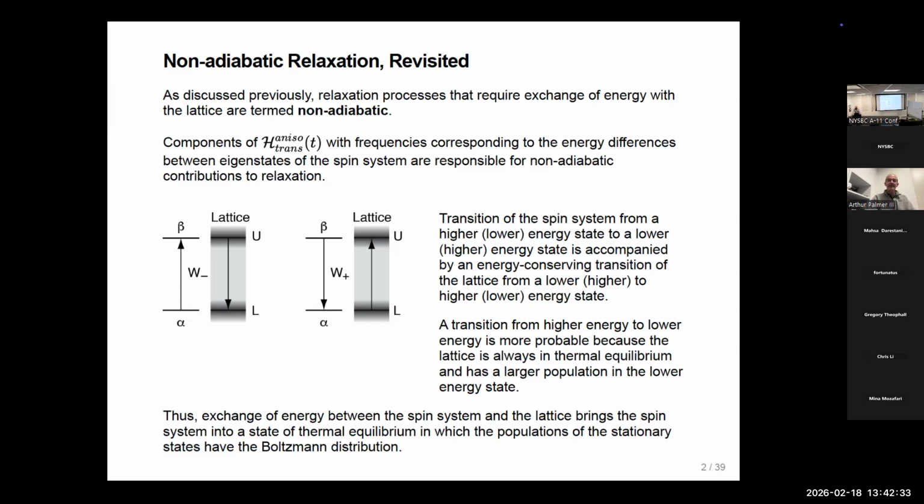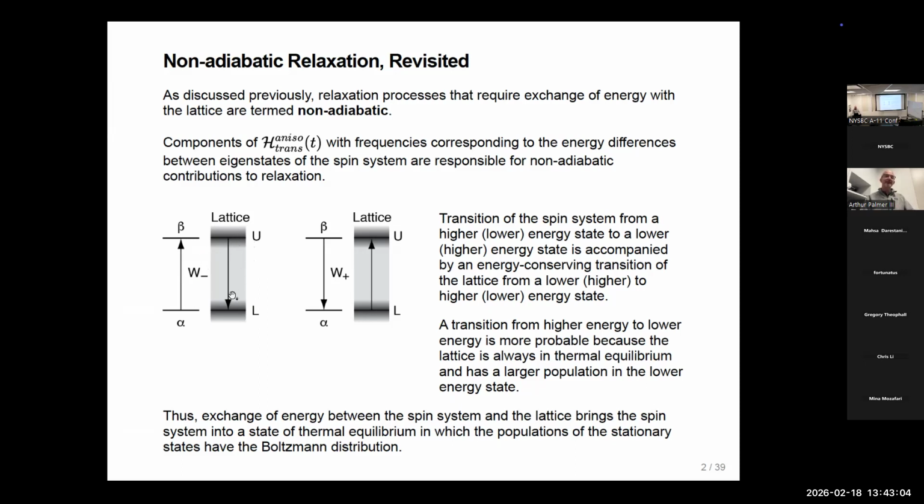Now, I'm just going to write that we have some rate at which the spins flip from alpha to beta, that I'm calling W minus because we're going from alpha to beta. And that means that somewhere in the lattice, there must be a matching transition going down from some upper level to some lower level.